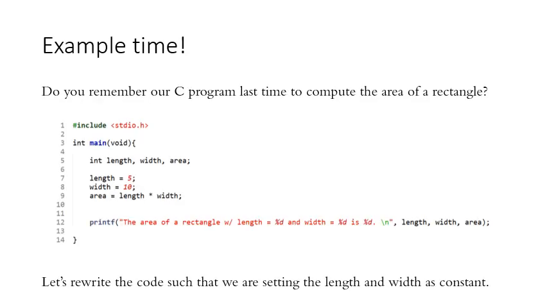Do you remember our C program last time to compute the area of a rectangle? Just a brief recap, we first declared the variables length, width, and area as data type integer.